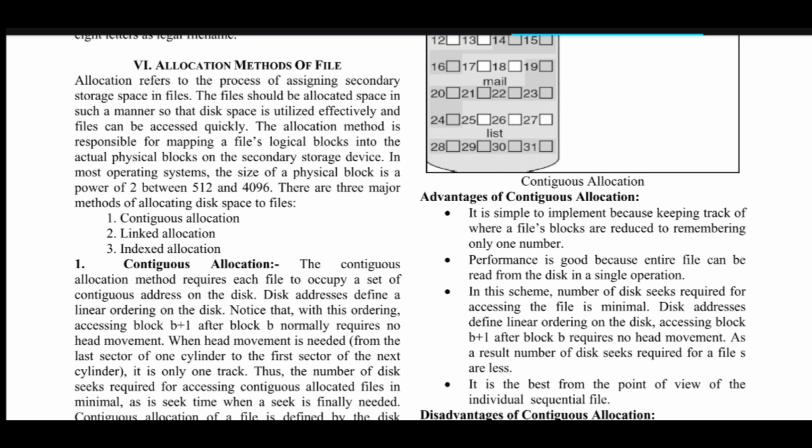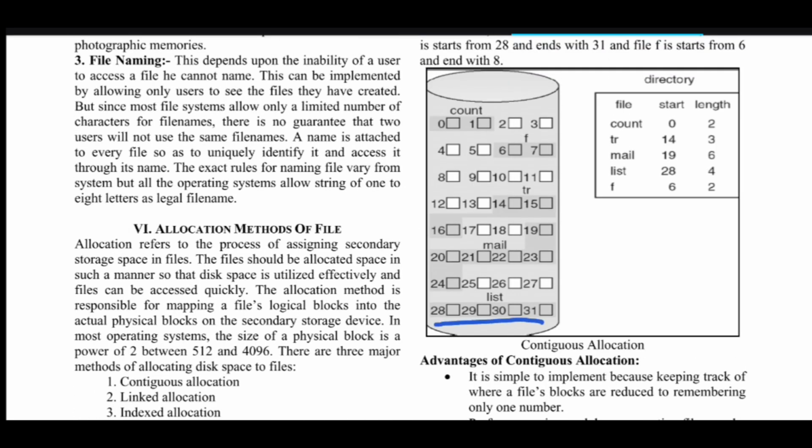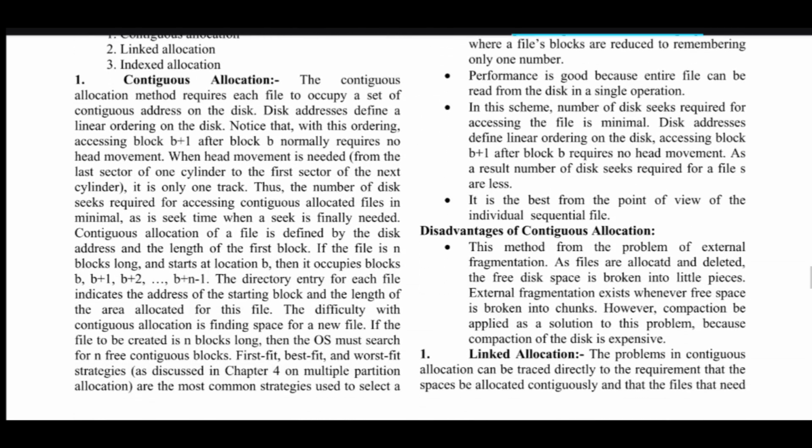As you are noticing here, these are contiguous, and these are also in a contiguous manner. Here we face problems like external fragmentation and internal fragmentation, as we are discussing disk allocation methods. So these are the problems.